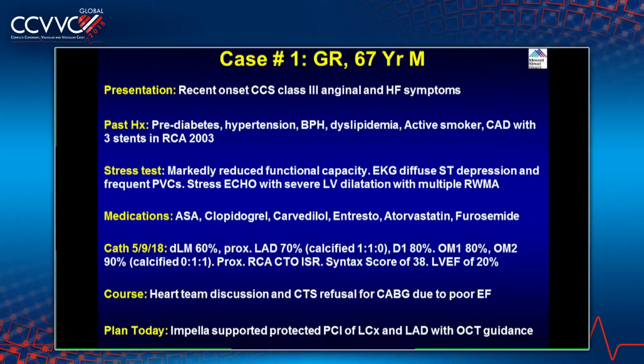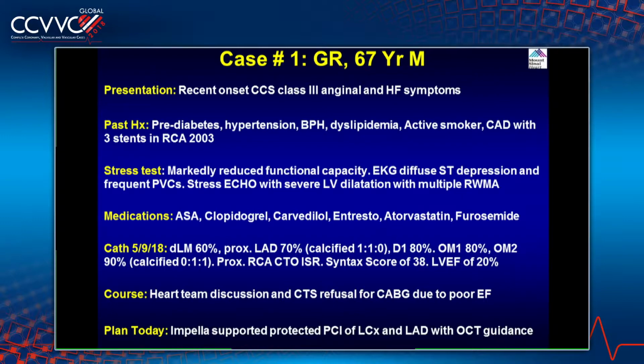So this patient presented to the outside cardiologist for the first time with recent onset of angina and heart failure symptoms, and that's how everything was diagnosed. He has pre-diabetes, hypertension, dyslipidemia, and prior CAD with a known RCA stent in 2003, and then was lost to follow-up.